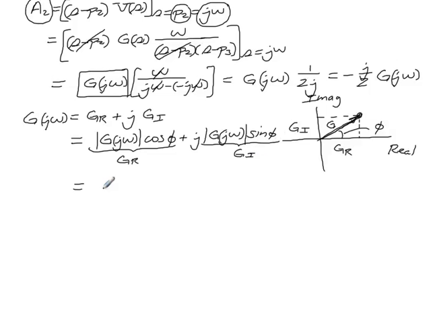If we factor out the magnitude of G(j omega), we have cosine phi plus j sine phi. Euler's identity tells us that this is e^(j phi).